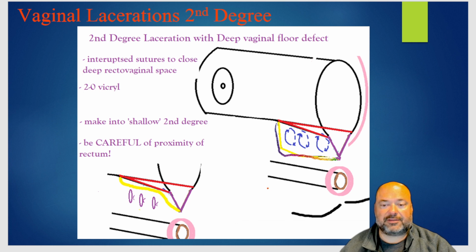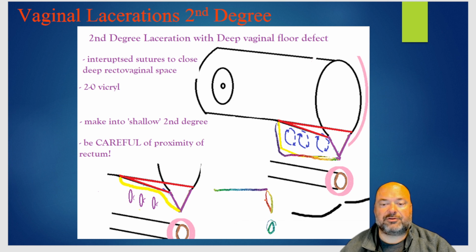One of the other things that I have represented in the final video is the idea of, let's say you had actually closed vaginal mucosa and you're getting ready to transition down to your perineal body closure, and then anus is here, say sphincter is intact.